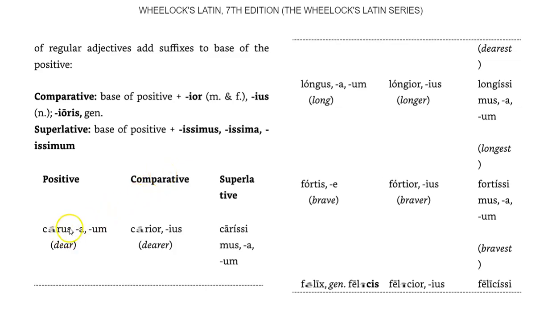So as you can see here, if you have the base form, in most cases it's going to follow the first or second declension ending. And then the comparative form is going to have IOR as its suffix or ending. And then the isimus, isima, isimum is going to be the superlative form.